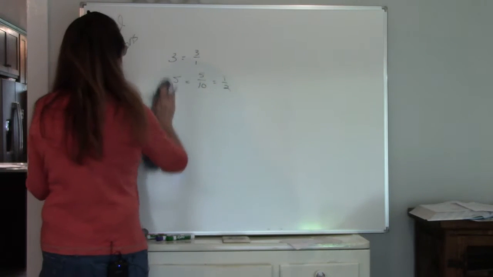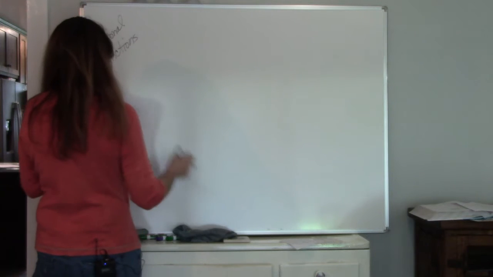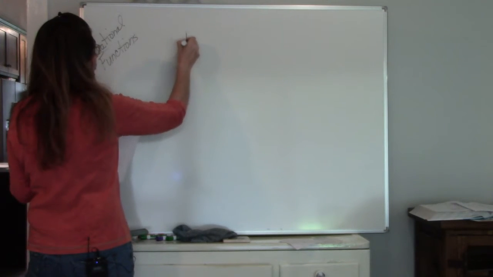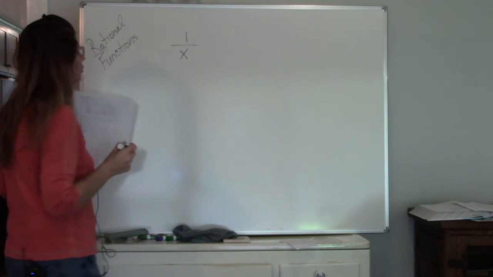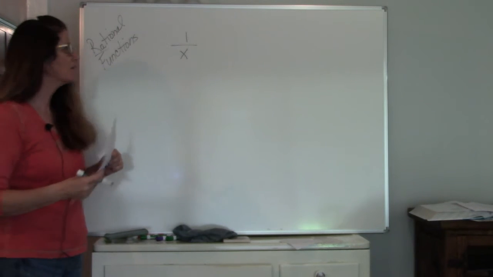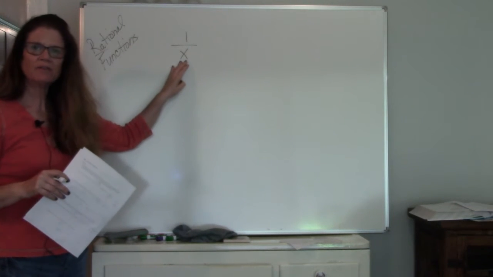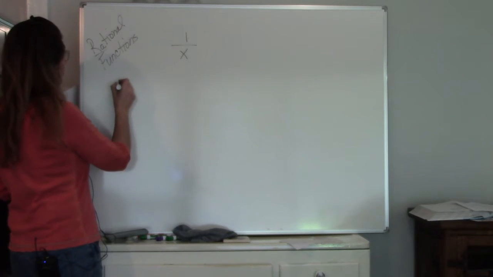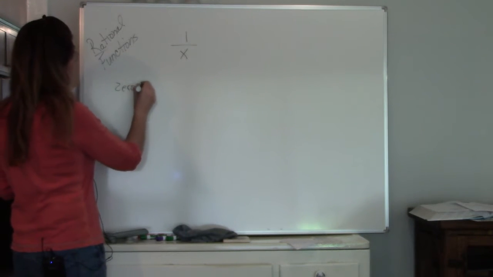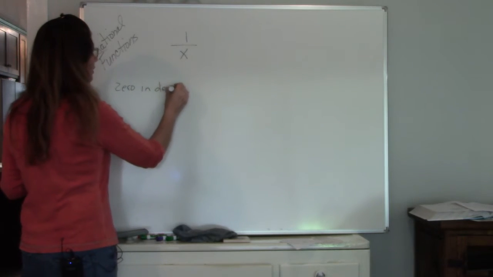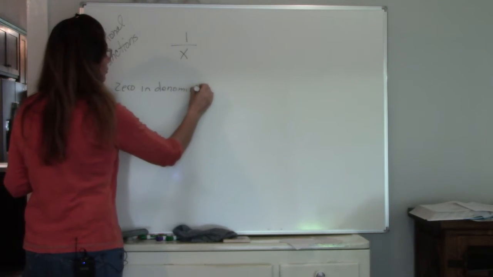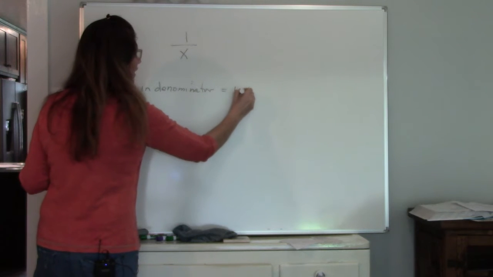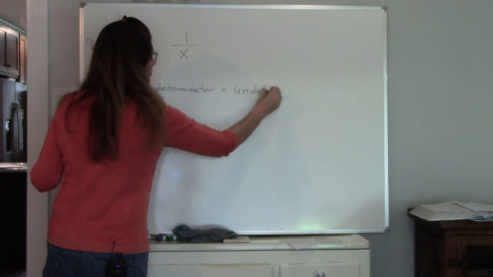Well, when we're dealing with rationals or fractions, like the rational function 1 over x, remember you cannot have 0 in the denominator. If you have 0 in the denominator, what you end up with is an undefined term, right?